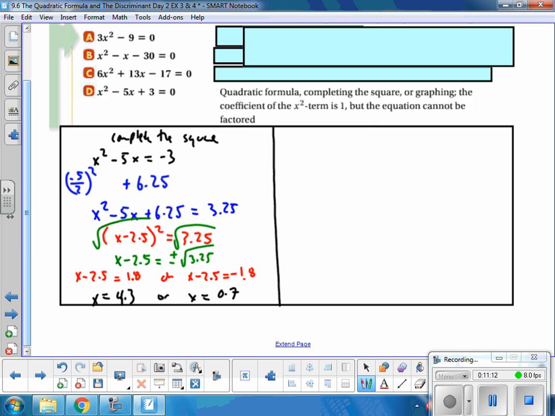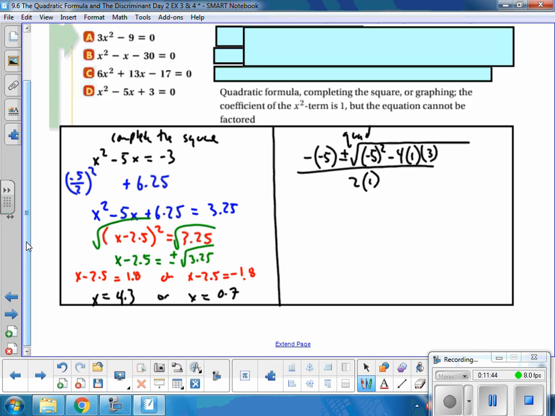If I do the quadratic formula on this one, I take negative b, which is 5, plus or minus the big square root of my b term squared minus 4ac, all over 2a.